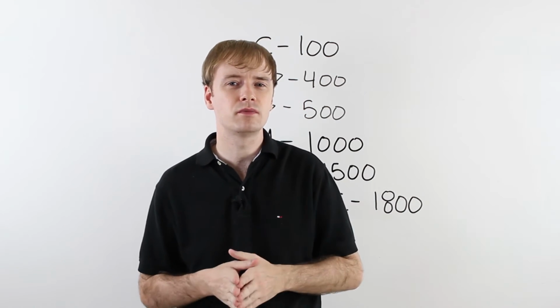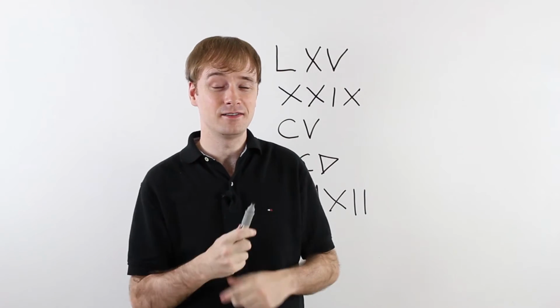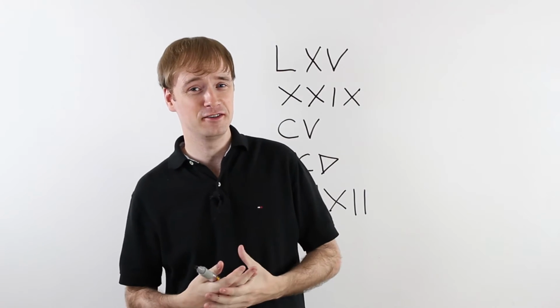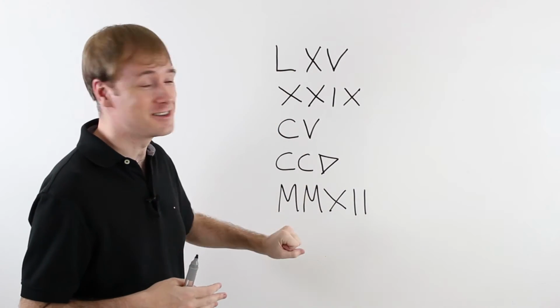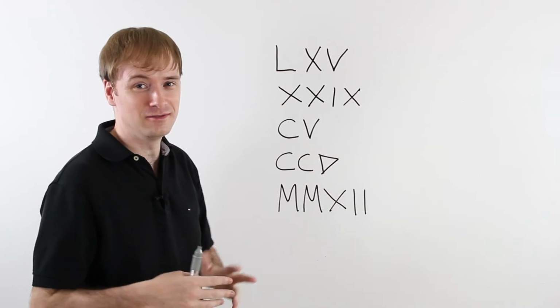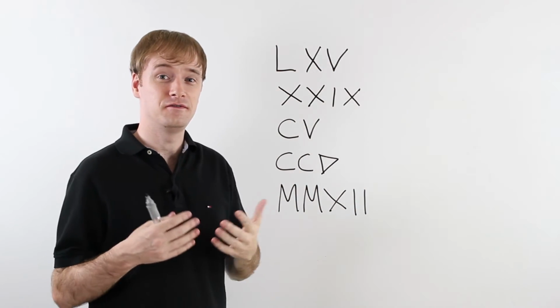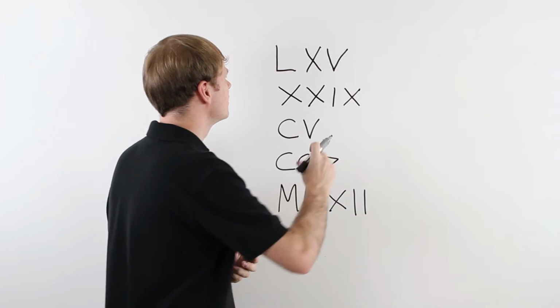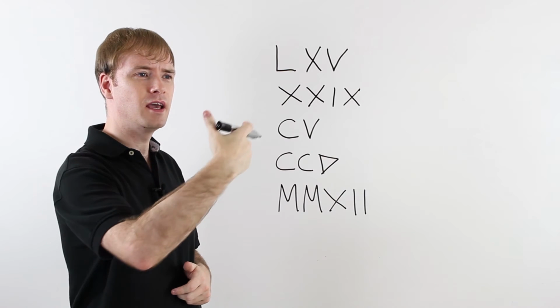Let's do a little more practice. Okay, let's do a little practice together. I know it's difficult. So let's take a look at these letters. LXV. What is that? Well, we know L is 50. Oh, but it's followed by X. So 50 and X is 10.